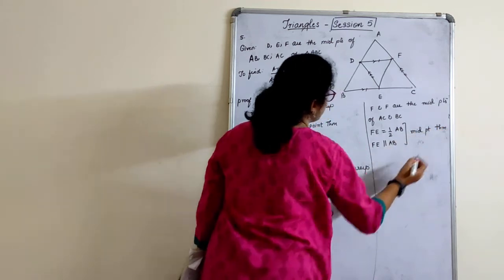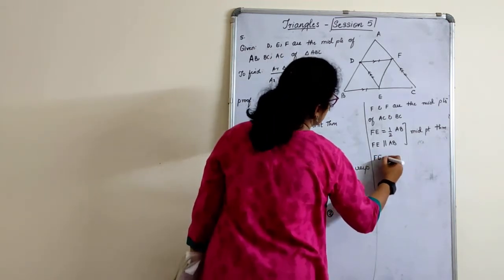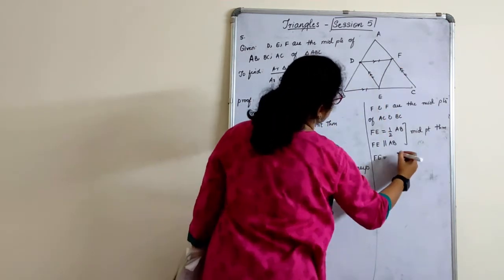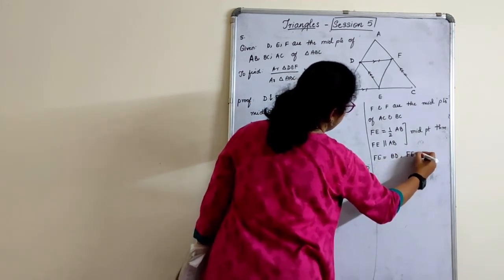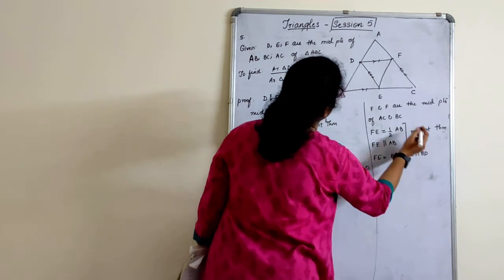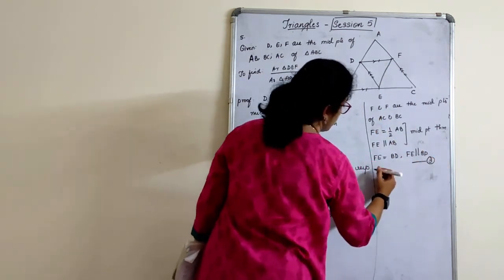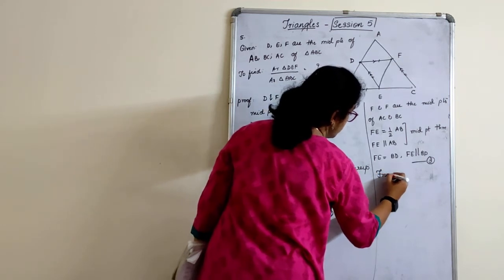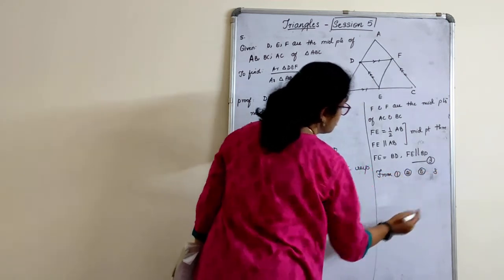Midpoint theorem. So FE is equal to BD and FE is parallel to BD. So equation 3.